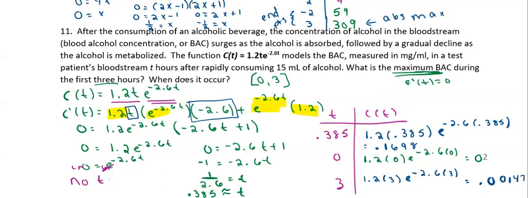So that would be the milligrams per milliliter. So our max, I'll just write it over here as a summary, is going to be at t equals 0.385, and then c of t is going to equal 0.1698, and our units would be milligram per milliliter.